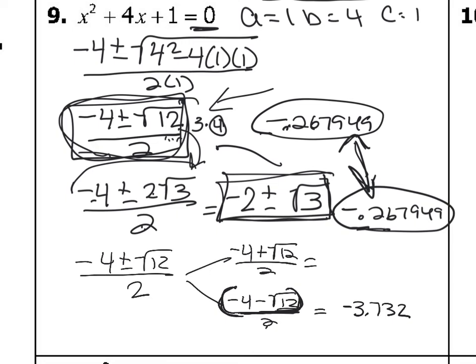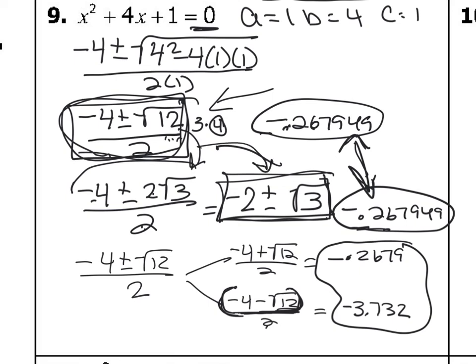And I'm going to get negative 0.2679. Okay, we'll leave it there. So you can say that these are your answers. But I will tell you, it's really good practice to practice simplifying those radicals.